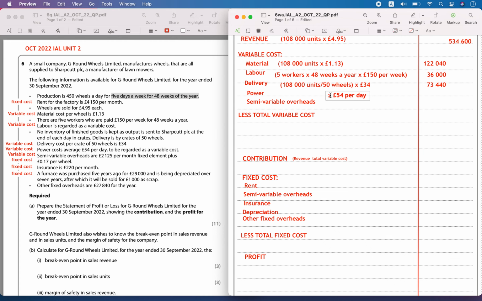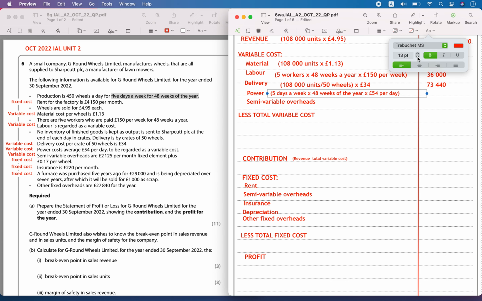So 5 days in a week into 48 weeks in the entire year, and every day you are going to pay 54 pounds, that is the rate. So the total number of days is 5 into 48 in a year.